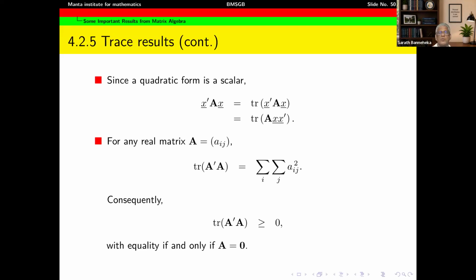Sum of the square terms of a_ij. Consequently, the trace of A transpose A will always be non-negative because you are adding the sum of squares, which has to be non-negative always. So therefore, this quantity will always be non-negative.